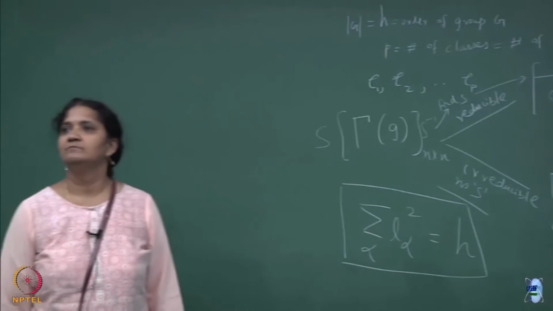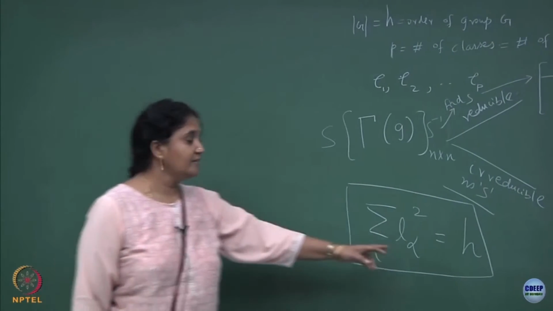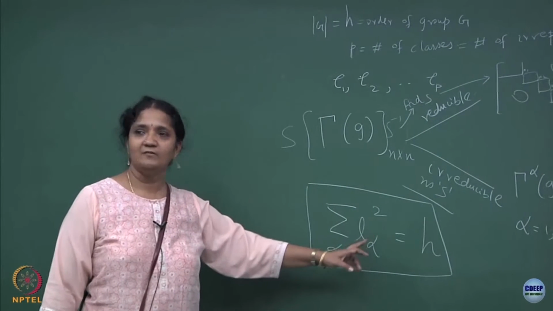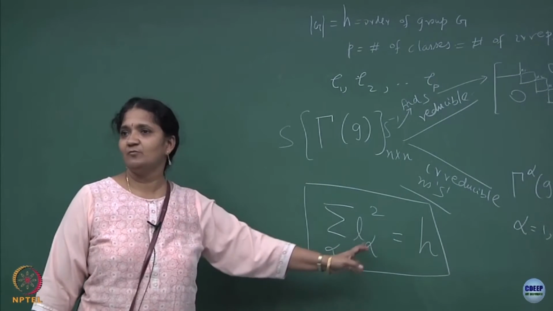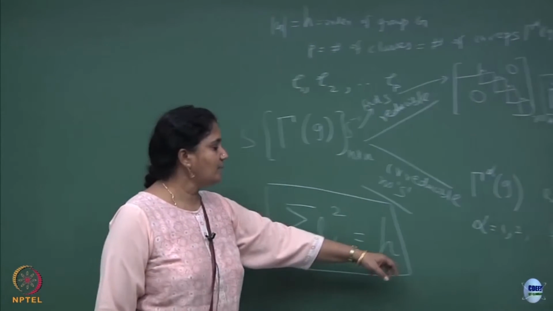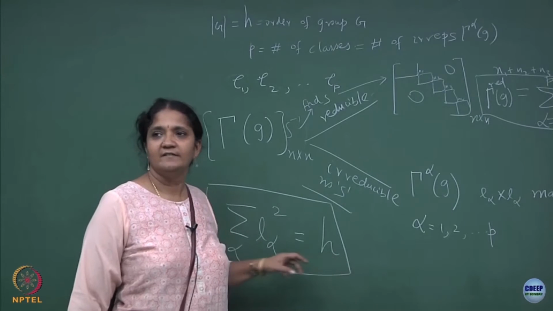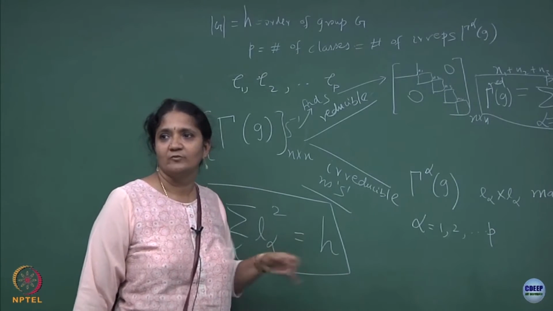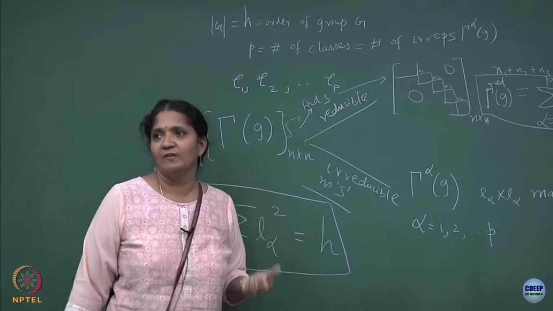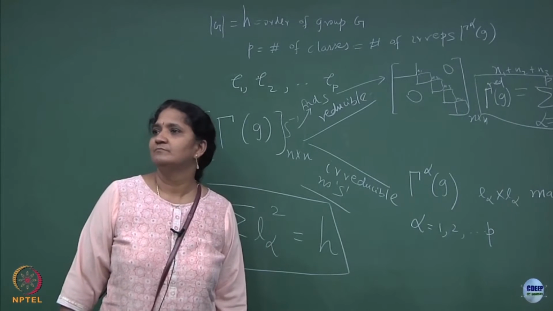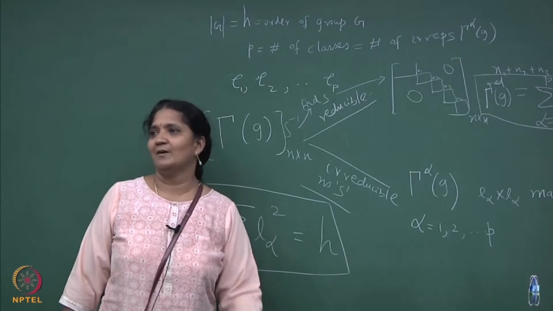L alphas are integers, and squares of those positive integers are constrained by the number of elements in that group, and it is a very easy problem to find what those integers are. There will not be more than one solution. There will be strictly one solution.